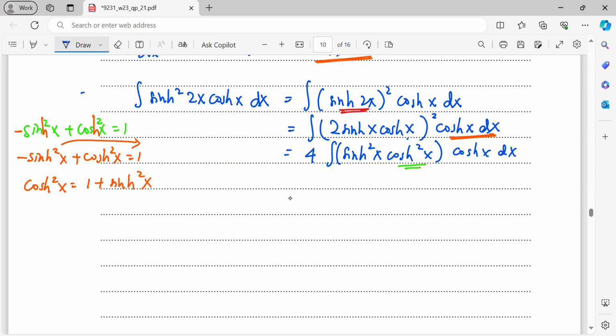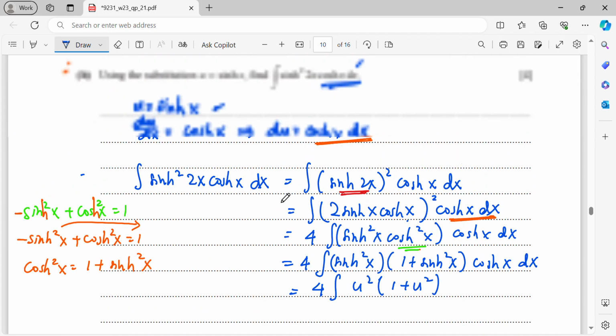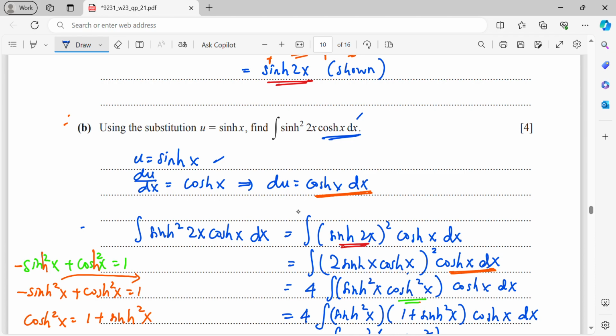So this is going to be 4 integrate sinh squared x, where the cosh squared x is 1 plus sinh squared x, then after that, cosh x dx. So here is going to be 4 integrate u squared bracket 1 plus u squared, and the cosh x dx is to be replaced by du.